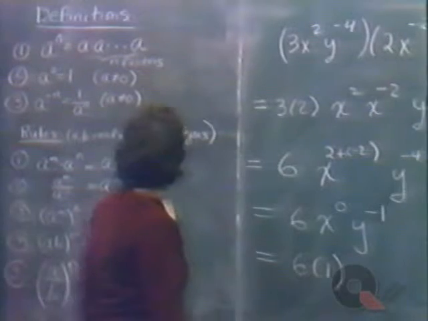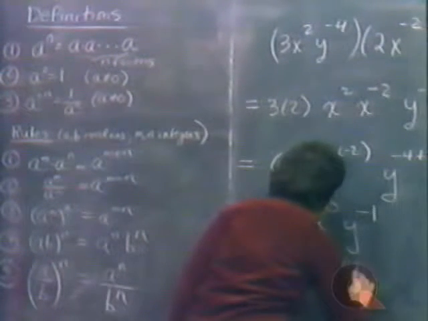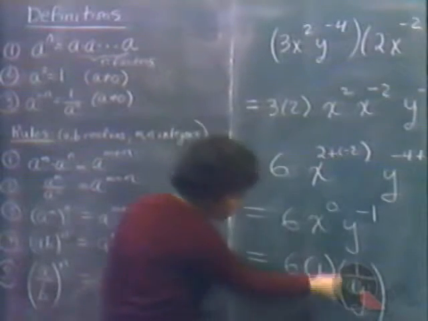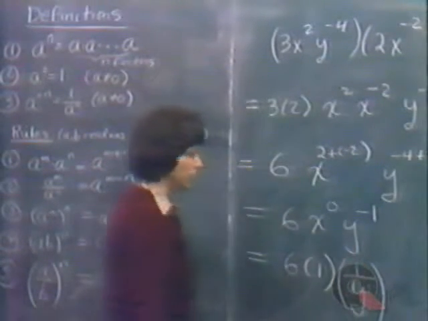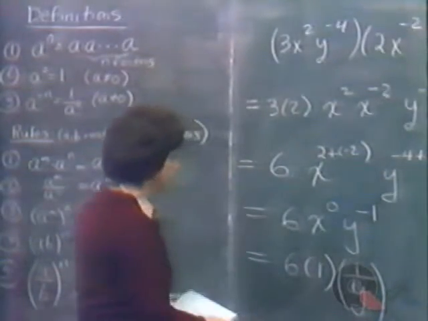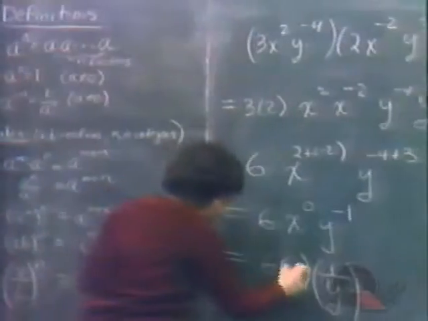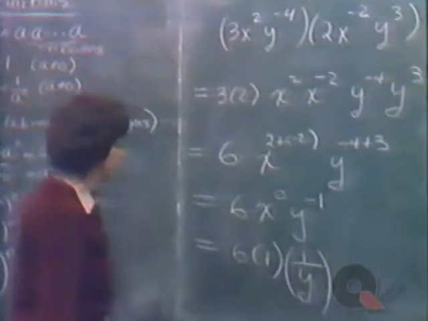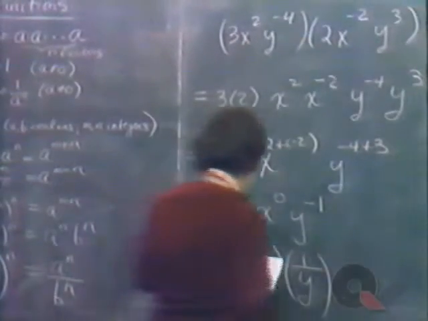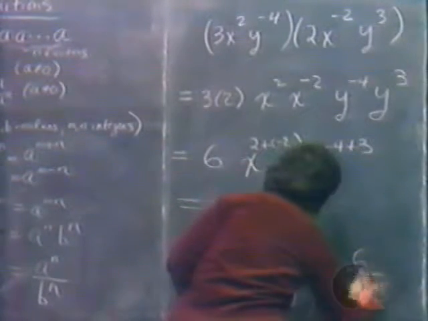Definition 3, y to the minus 1 power is 1 over y to the first power. Of course, you can leave out the first power. We just see y. We know it's y to the first. This is, of course, 6 over 1, times 1 over y. We're really multiplying fractions. We multiply the tops, divide by the product of the bottoms, and we get a final answer of 6 over y.